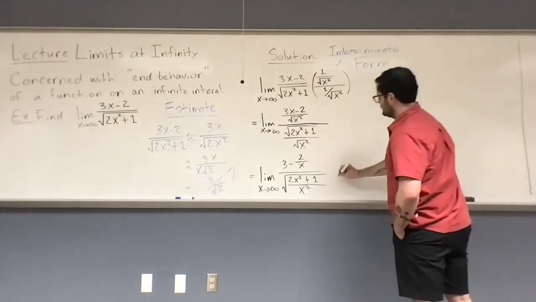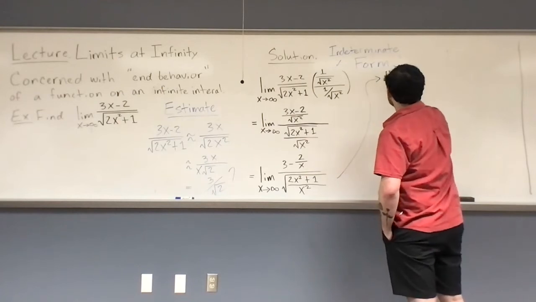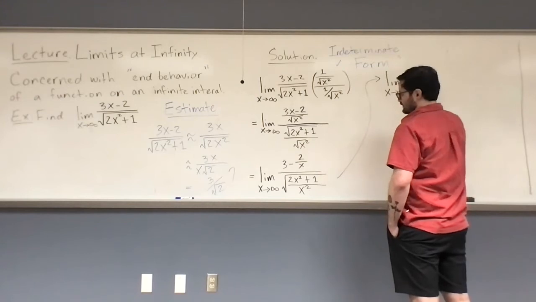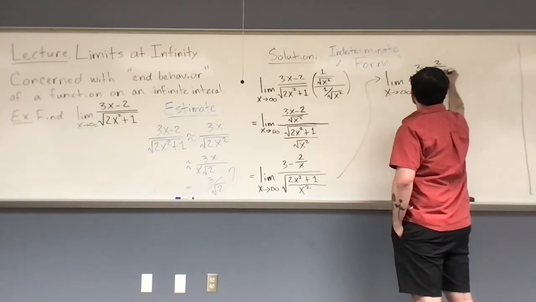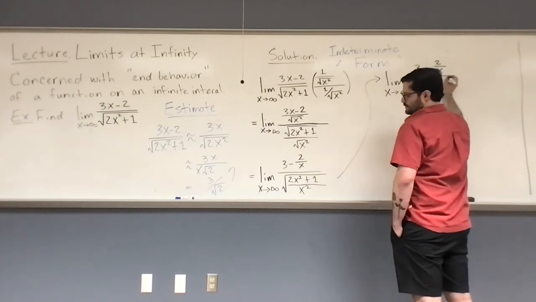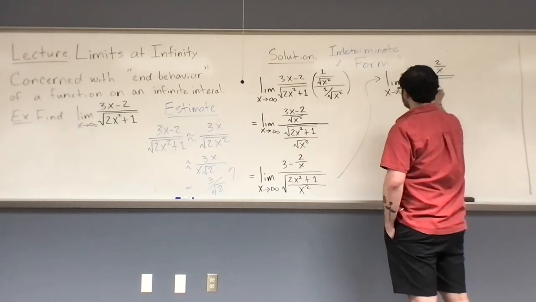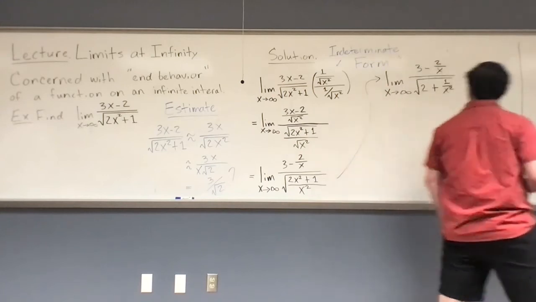So what are we left with? We'll have our limit here. In the numerator, it's still 3 minus 2 over x. And then in the denominator, we have square root of 2 plus 1 over x squared.